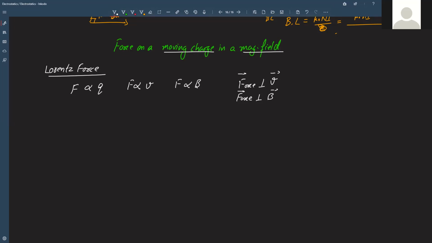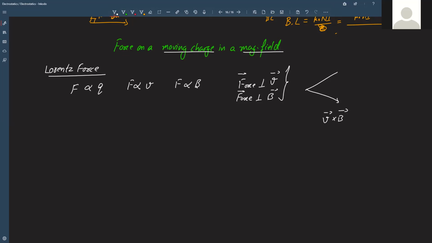At the same time, it was also perpendicular to the plane containing V and B. When this comes into the picture in terms of vectors, the only thing that comes to mind is that it is a vector product, a cross product, right? And it is actually V cross B.